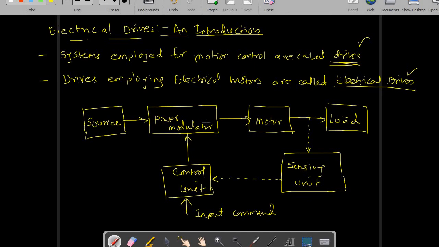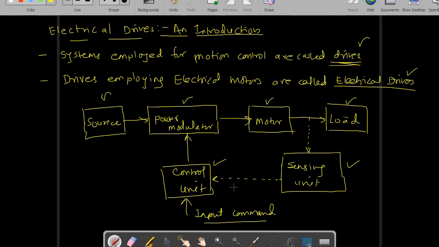So this is a typical block diagram of electrical drives. We have a source, we have power modulator, we have motor, we have load, sensing unit and control unit. So here we will be giving some input command and accordingly the drive will operate.